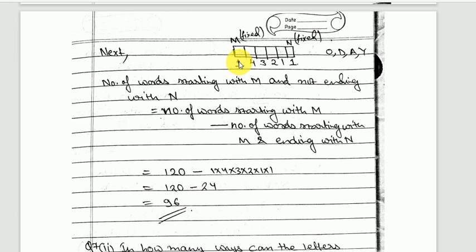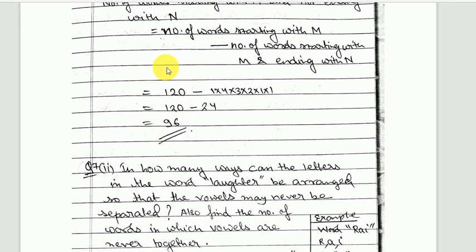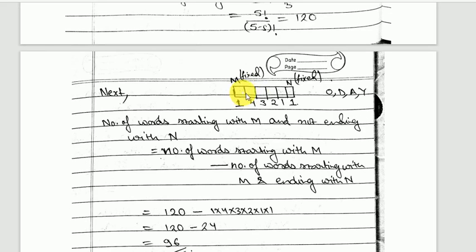So the number of words starting with M and not ending with N will be given by the number of words starting with M minus the number of words starting with M and ending with N. We know that the number of words starting with M is 120. Just now we have found that. And the number of words starting with M and ending with N can be found over here, because M is fixed and N is fixed.